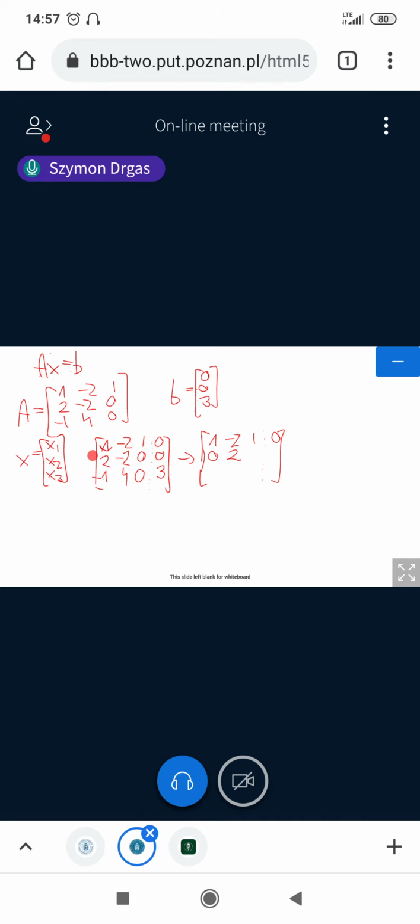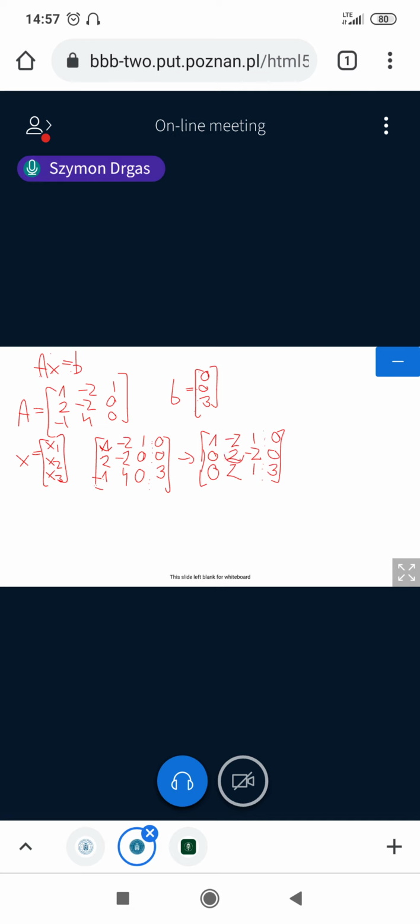And then we have 0 minus 2 and 0 minus 0. And in order to eliminate this -1, we need to add the first row to the last row. So we'll obtain 0, 2, 1, and 3.